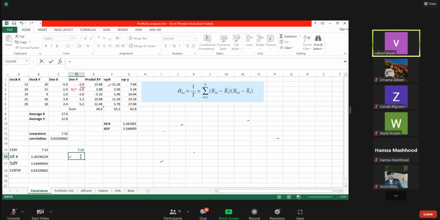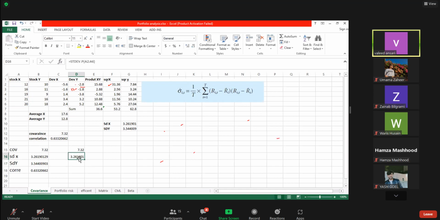Here there is a function, SD, for the population. So equal sign, SDP, and now we want to calculate the standard deviation of portfolio X. So we will close the bracket, select it, and hit enter, and you will get it.